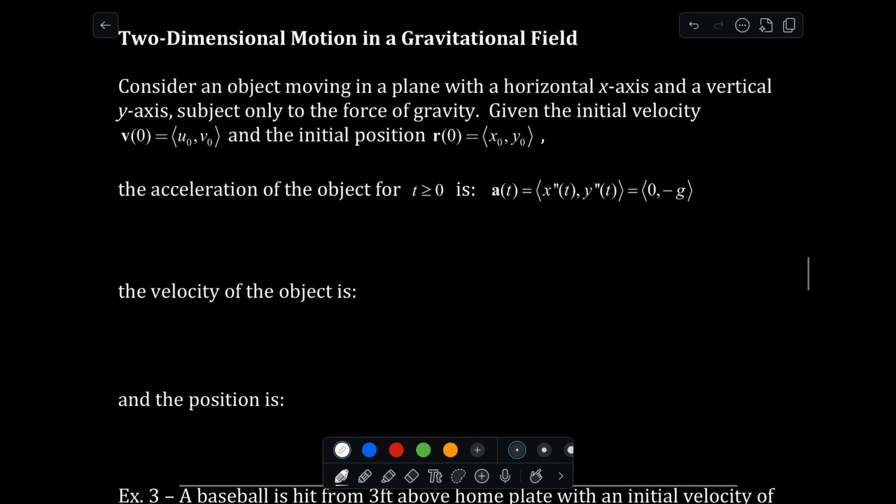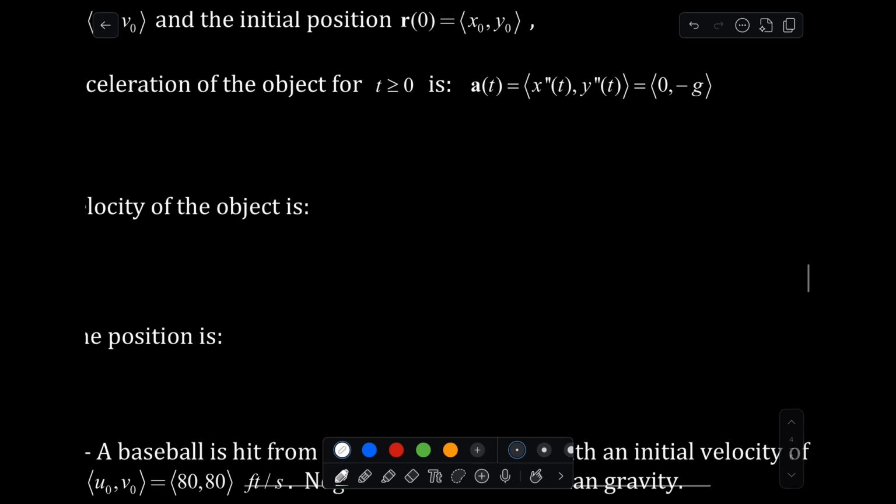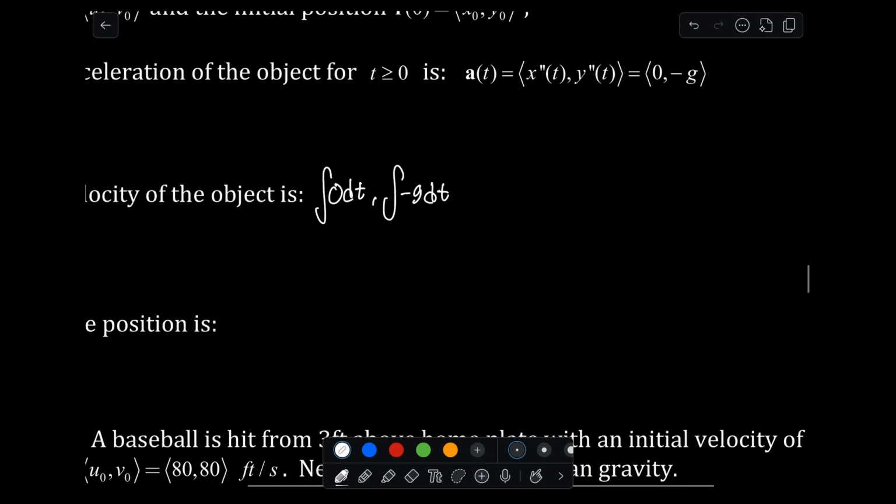And the velocity would be to take the integral of this, from 0 to t. Actually, let's just leave it like this.